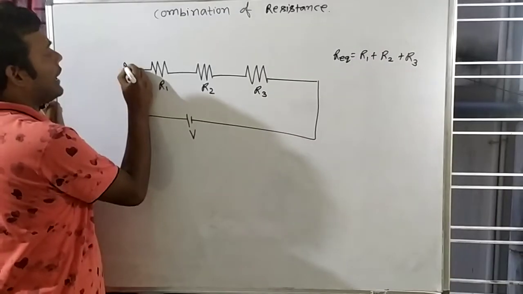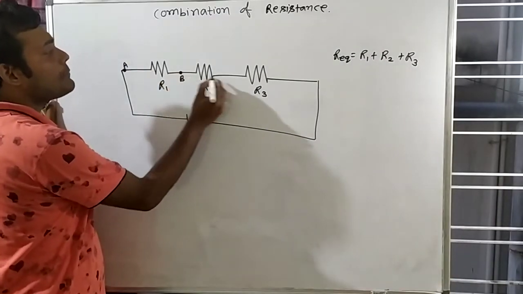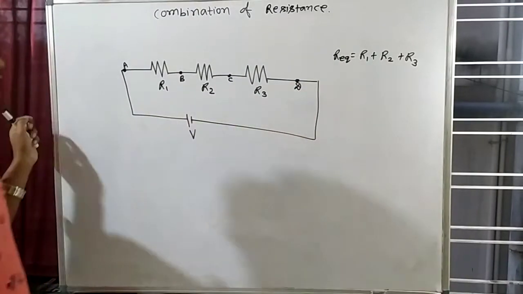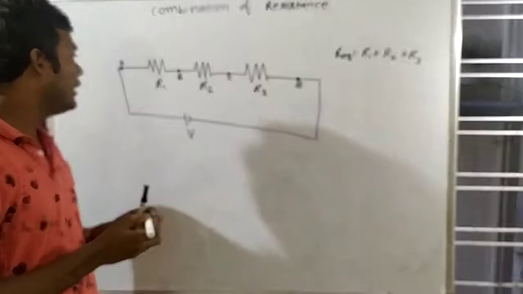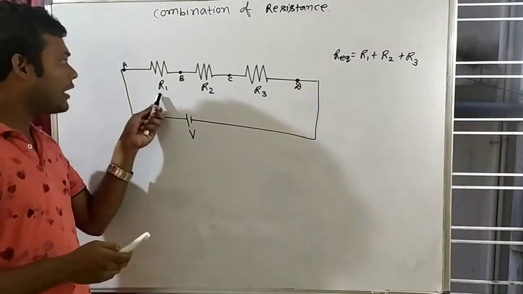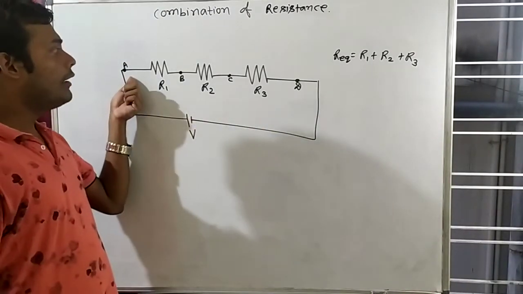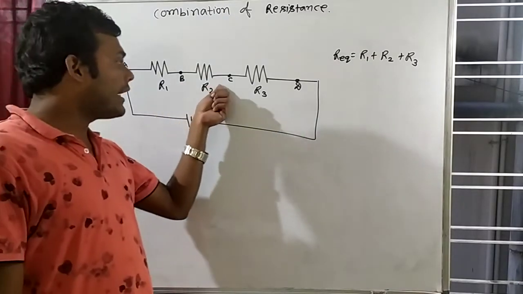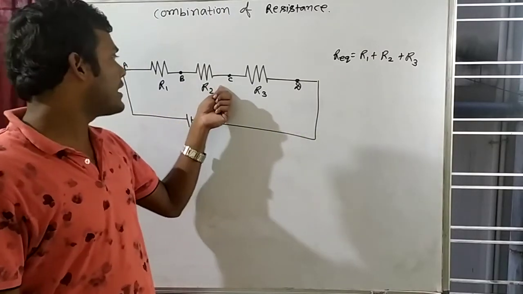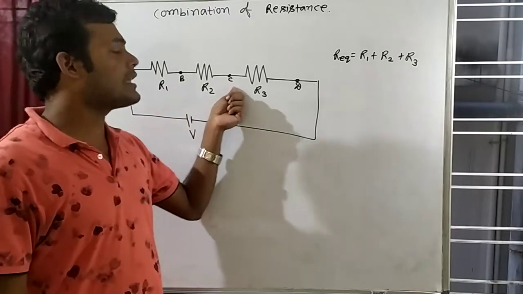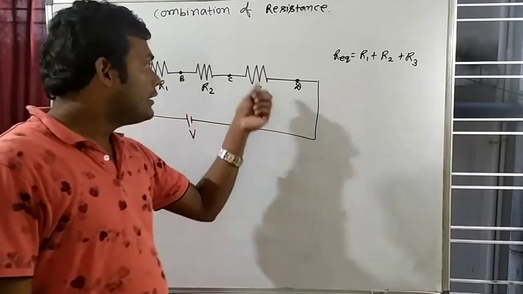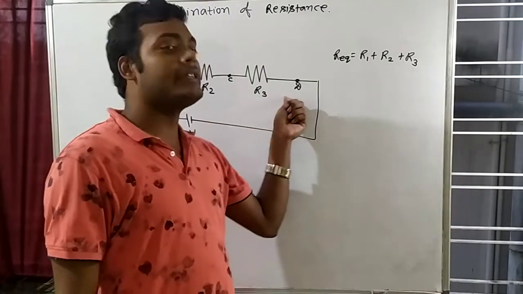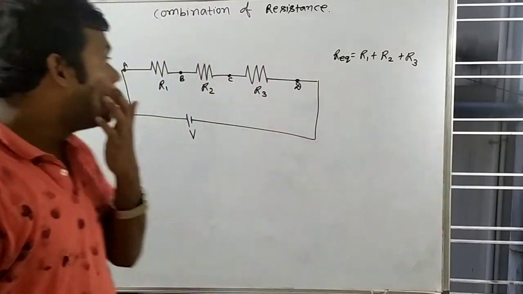Suppose this point is A, this point is B, this point is C, and this point is D. The first resistance, R1, starts from A and ends at point B. The second resistance, R2, starts from point B and ends at point C. The third resistance starts from point C and ends at point D.